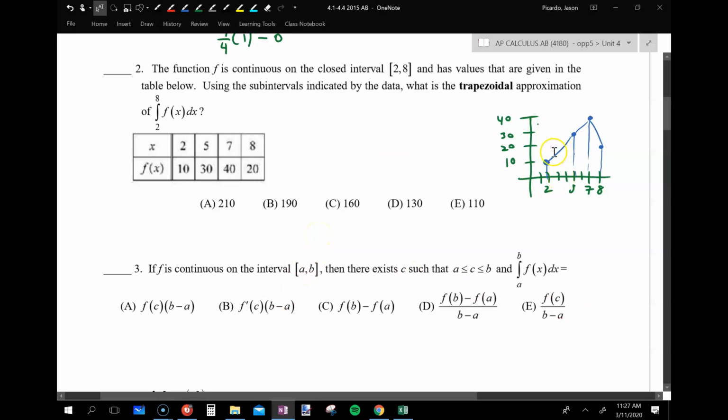Yeah, so let's see here. I have 10 and 30, so that's going to be an average of 20. And then how big is this first trapezoid? It's 3 in width, right? So I got 3 times the average of, and again, how to get the 3? 5 minus 2, right? So actually, I'll write that down for you guys.